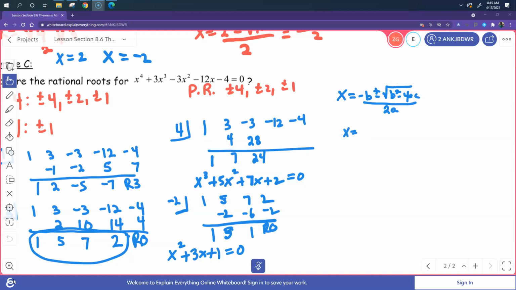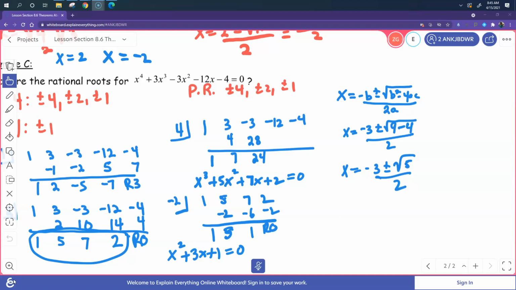So I know that b is 3, so I'm going to say negative 3 plus or minus square root of b squared, which is 3 squared, which is 9, minus 4 times a, which is 1, times c, which is 1, over 2. So x equals negative 3 plus or minus square root of 5, because 9 minus 4 is 5, over 2.